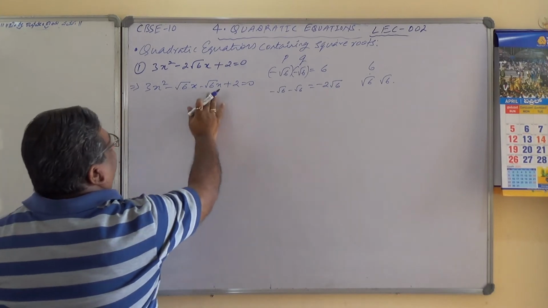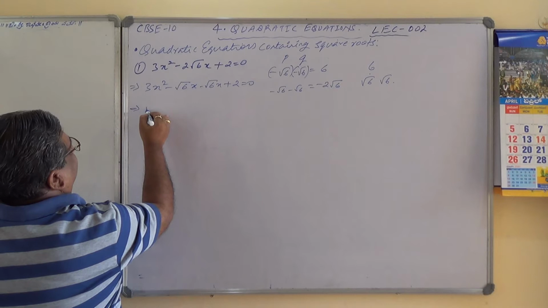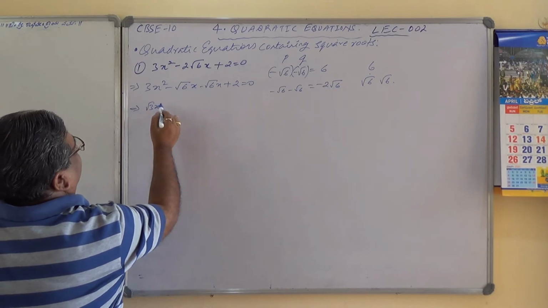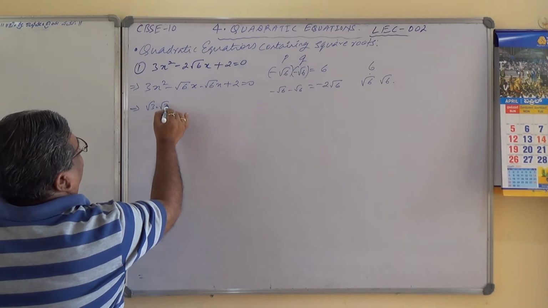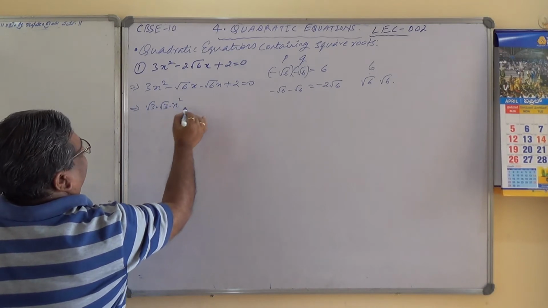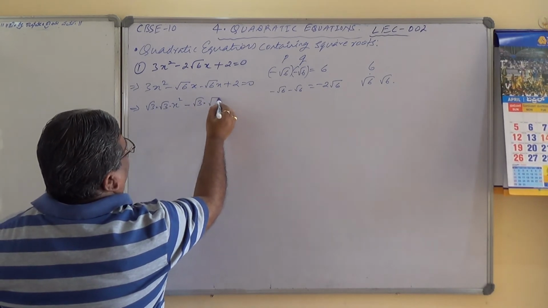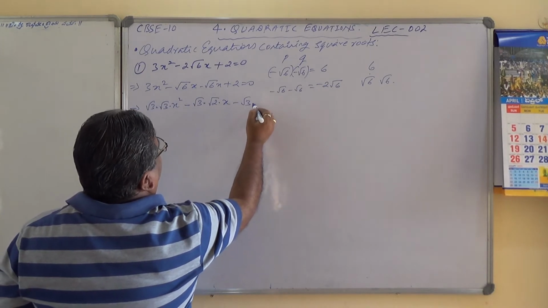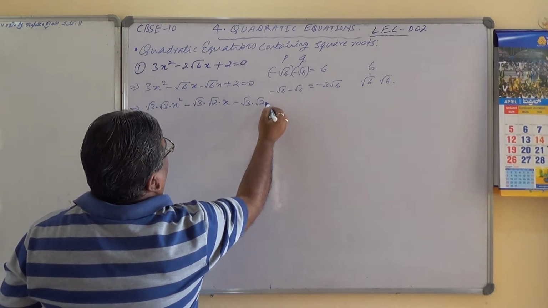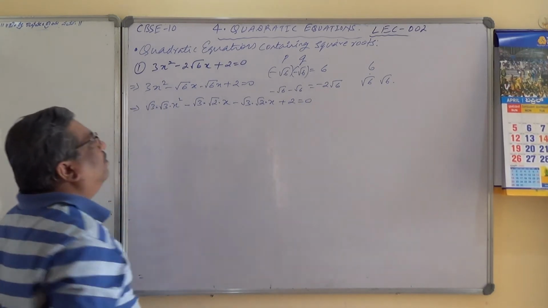One more thing, a small twist here. This 3x square can be written like this: root 3 into root 3 x square minus root 3 into root 2 into x minus root 3 into root 2 into x plus 2 equals 0.